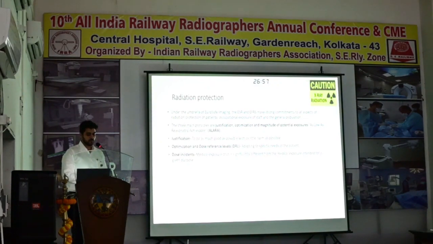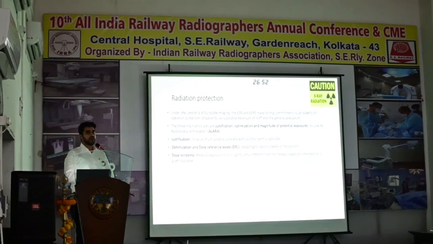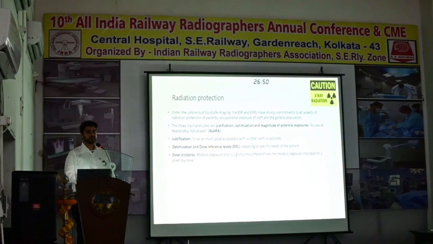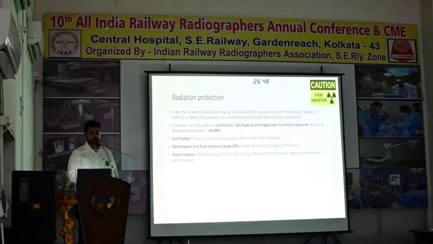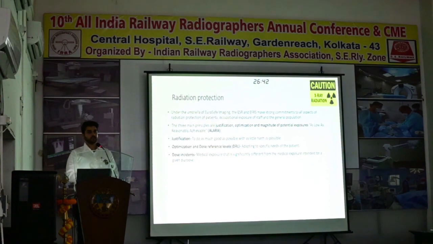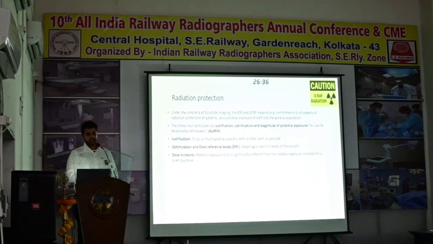Justification means doing as much good as possible with as low a radiation dose as possible. Optimization means we choose the right patient, the right limb, and give the right dosage, with dose reference levels.